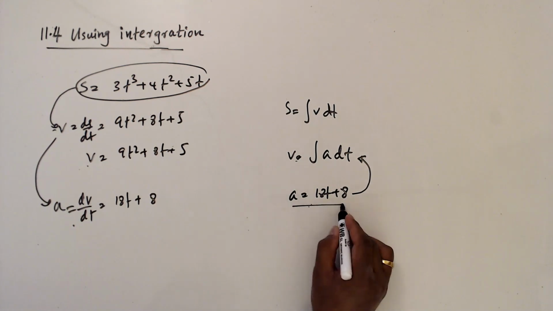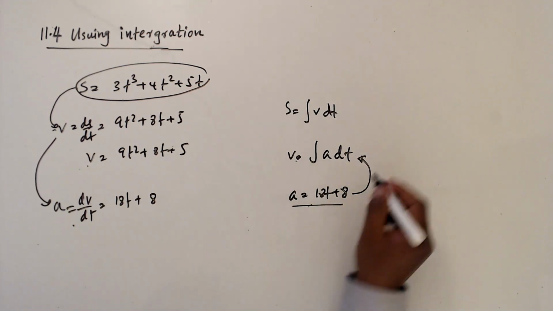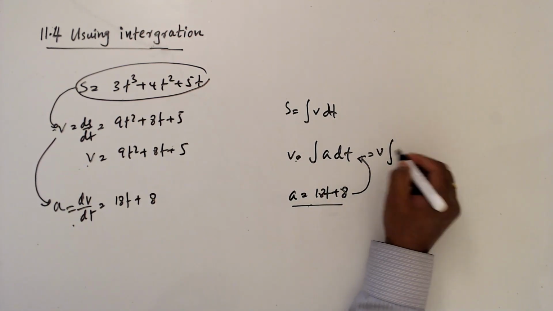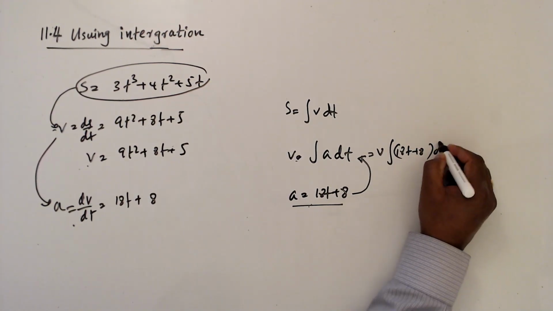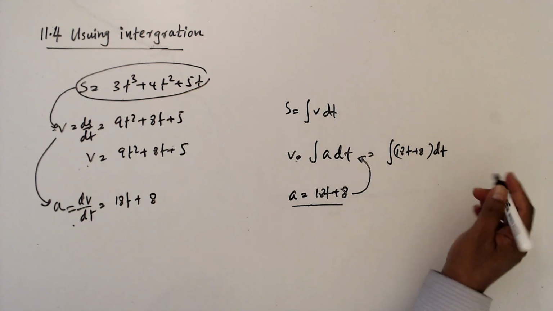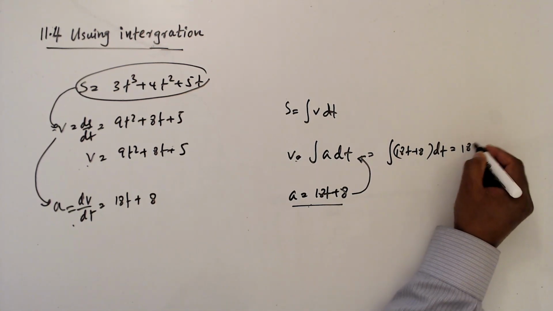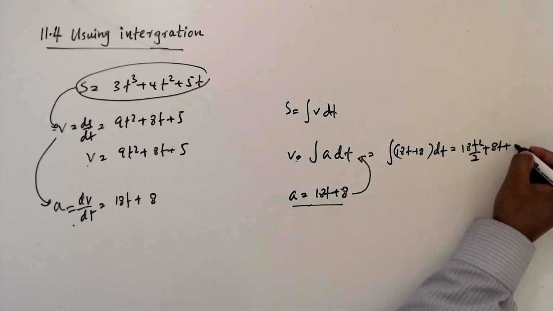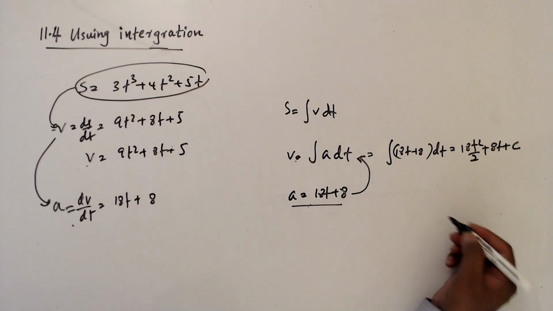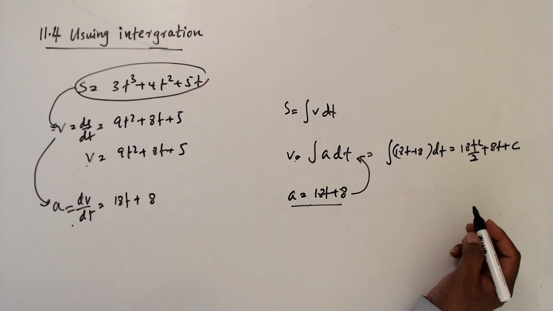So a is given. Now we need to find the velocity. So we have to integrate 18t plus 8 dt. So this is going to be 18t square divided by 2 plus 8t plus, as usual, a constant, that is c. Then we need to give an initial condition.